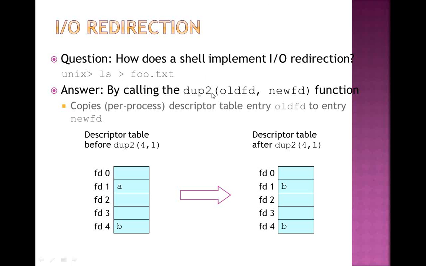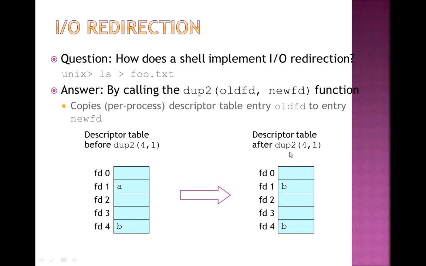By calling the dup2 function, with the old file descriptor and the new file descriptor, which copies the file descriptor entries from the old fd to the new fd. This is the file descriptor before dup2: FD1 contains A and FD4 contains B.